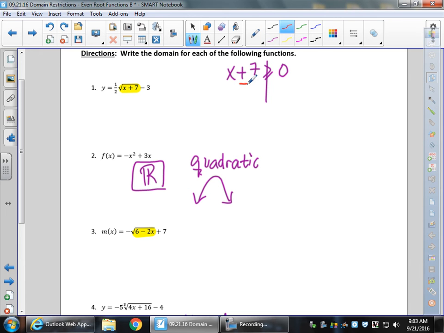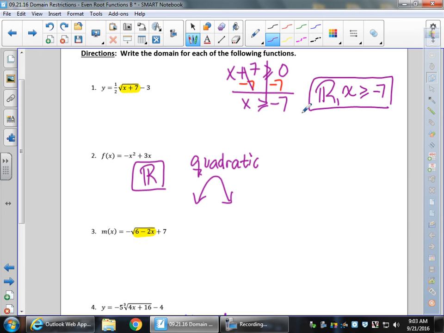To solve this, what do I do? Great job. Now, this is going to be part of my answer, but what's my actual answer for the domain? All real numbers, x. Perfect.